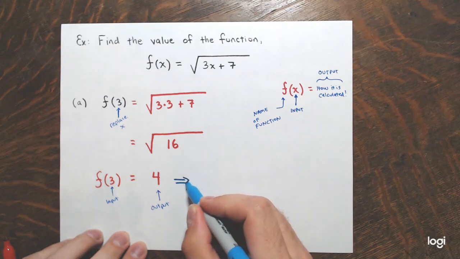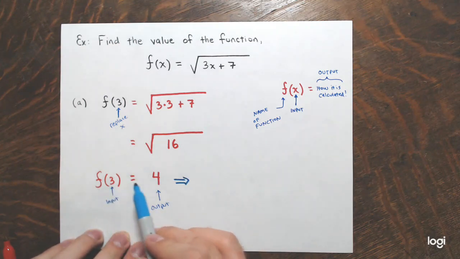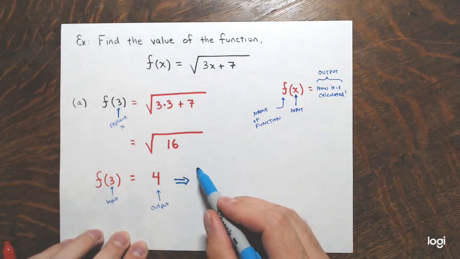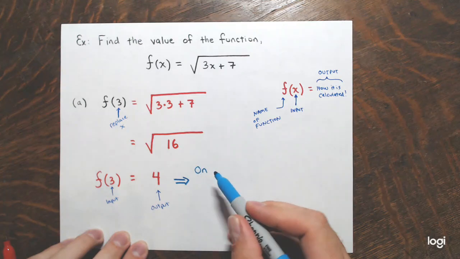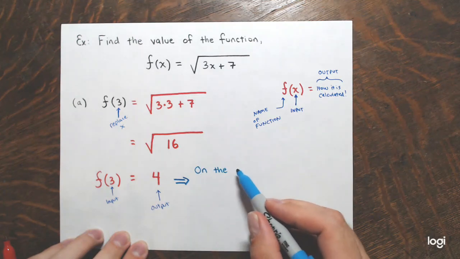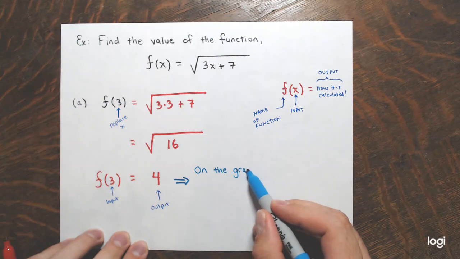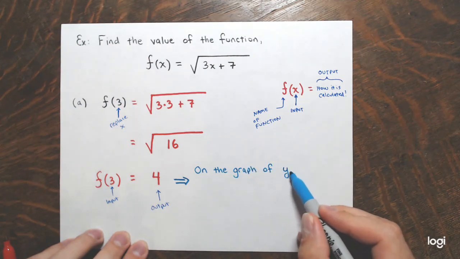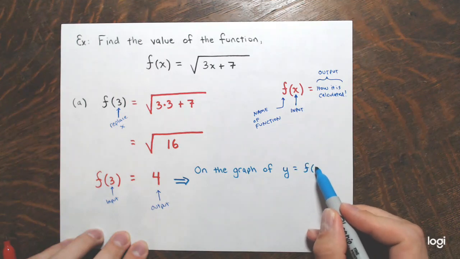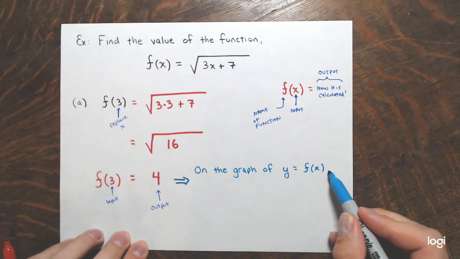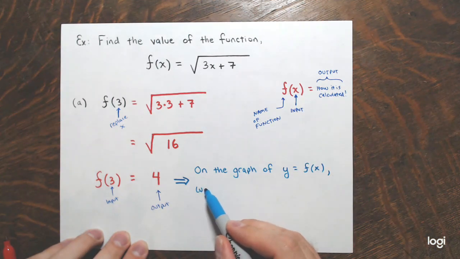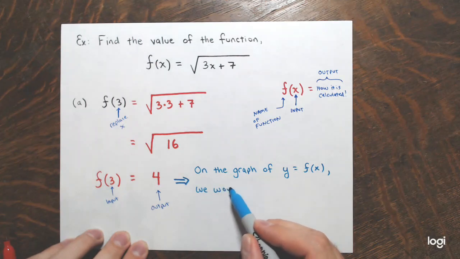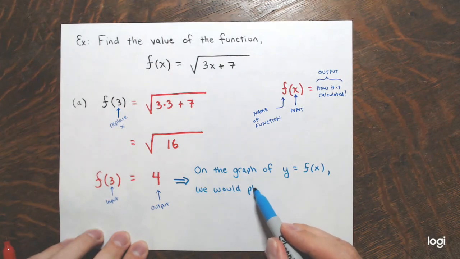When you state that the value of f at 3 is 4, this would mean that on the graph of f, on the graph of this function, let's say on the graph of y equals f of x, or the graph of f, we would plot the point. We would plot the ordered pair.